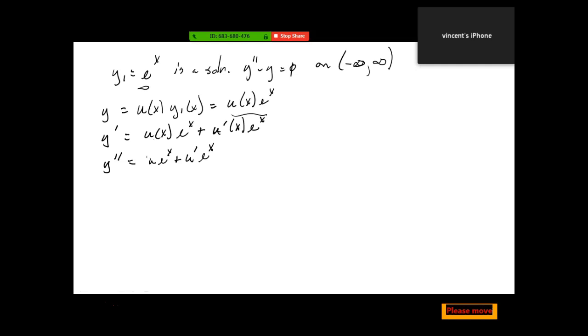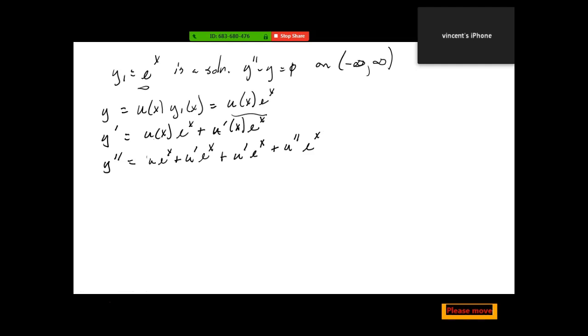Right? That's just the derivative of the first term. Of the second term, the first is u prime e to the x, because the derivative of the second term is e to the x, plus the second times the derivative of the first would be u double prime times e to the x.